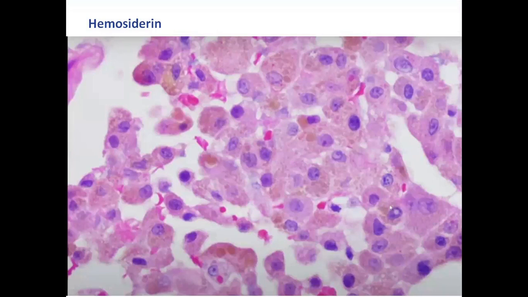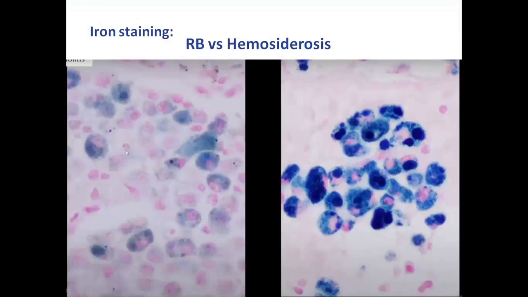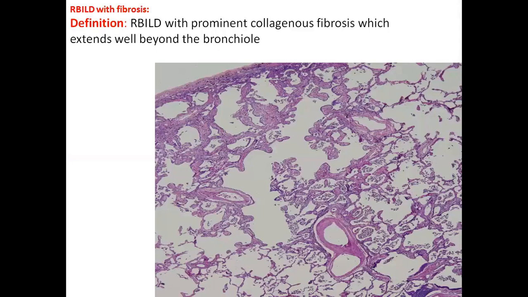The iron stain will be helpful as well, because in hemosiderosis it will be much darker blue and coarser, while in RB it will be light blue and much finer. So these are the two or three features to differentiate the pigment in smokers' macrophages versus hemosiderosis.